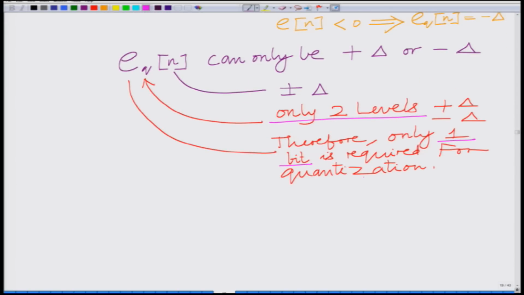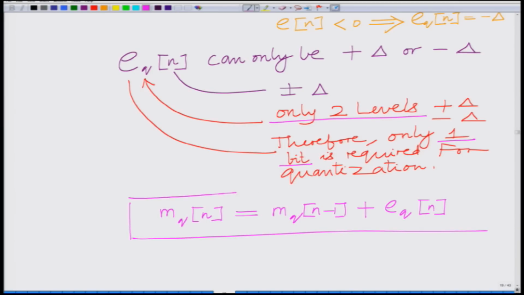Okay. So, this is your quantization, and now how do we reconstruct the approximation? Now, we have MQ[n], which is the approximation at time n, which is also the reconstruction at time n. This is MQ[n-1] plus EQ[n]. Okay.